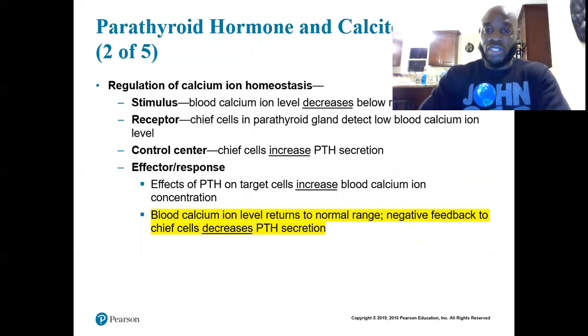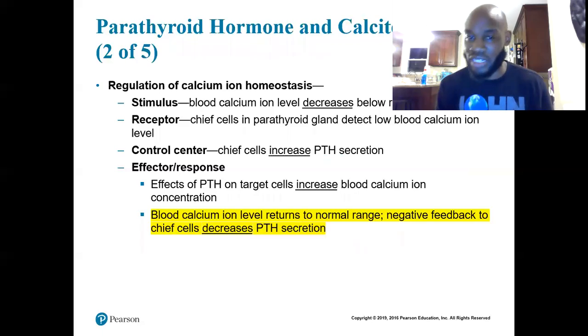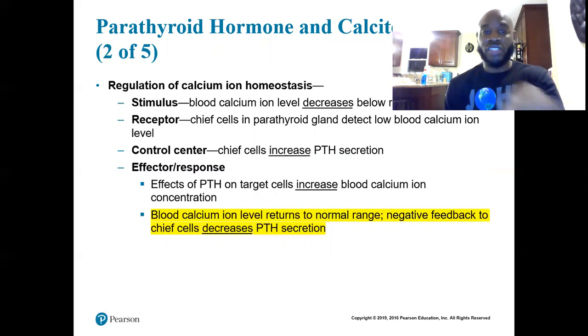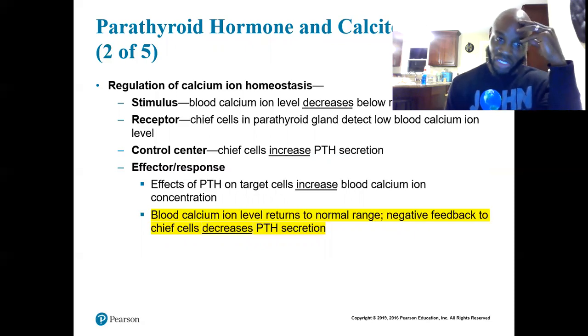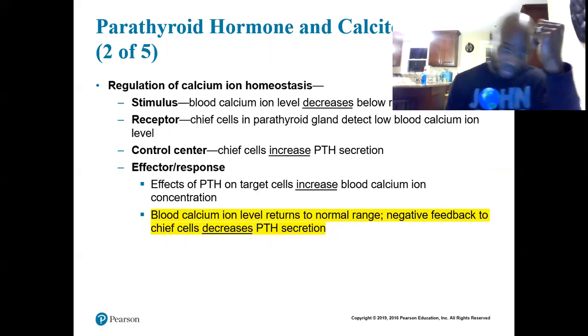And so, breaking it down, remember, hopefully by now this starts looking familiar, the same formula. Stimulus: blood calcium ion level is too low. Receptor: in this case, your chief cells in your parathyroid gland detect this low level of blood calcium ion. Control center: your chief cells increase parathyroid hormone secretion, so they secrete the parathyroid hormone.